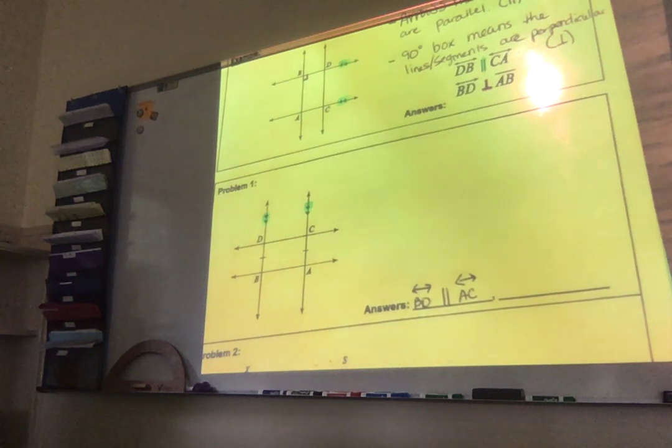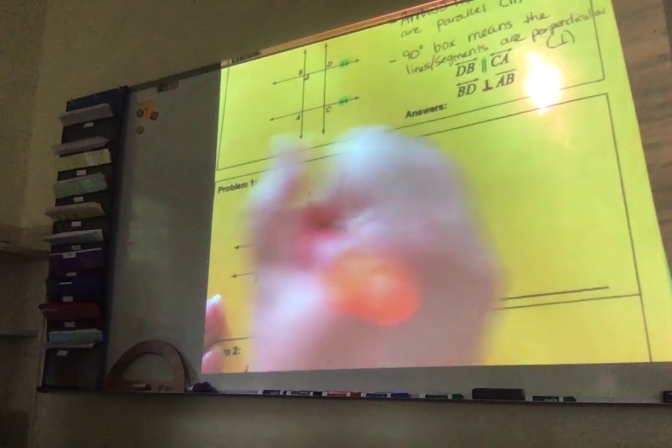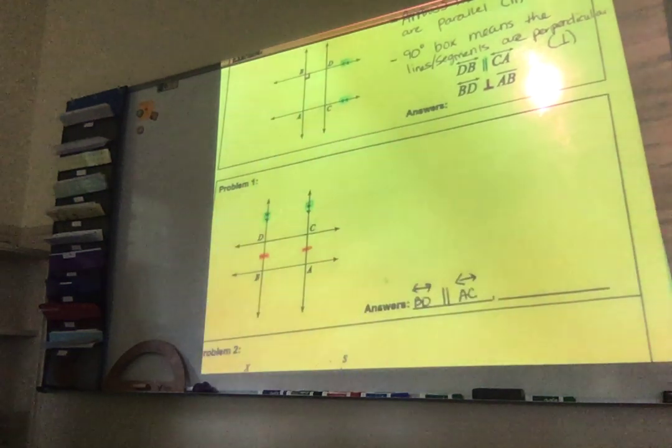What new symbol do we have on this diagram? The two little lines. These are called tick marks. So this should be a brand new color.